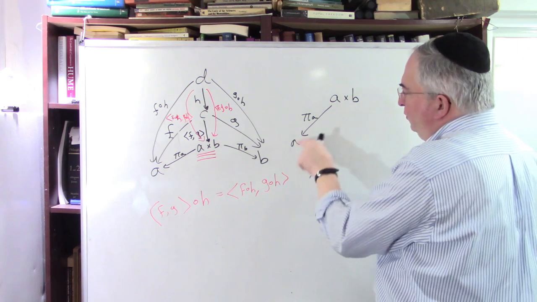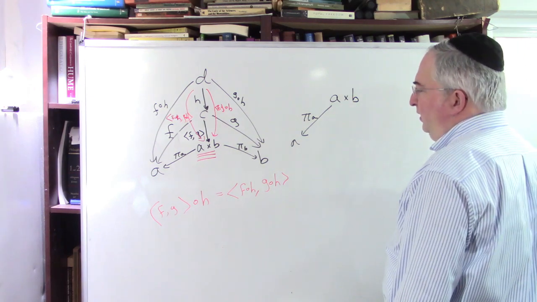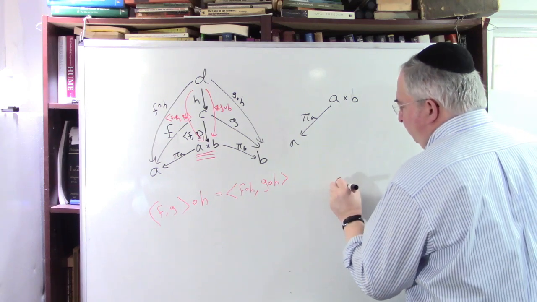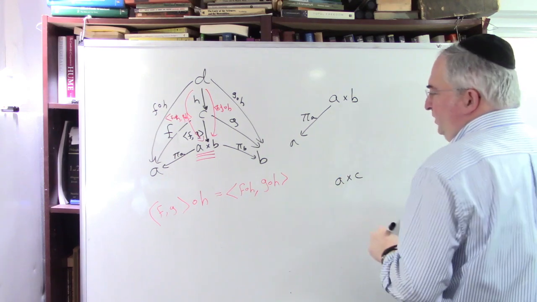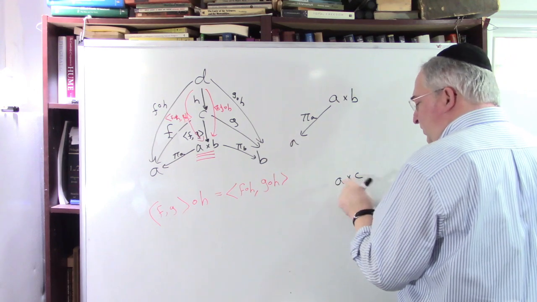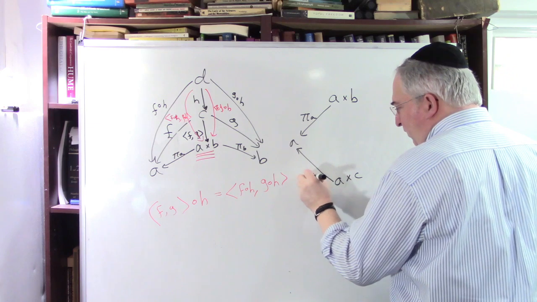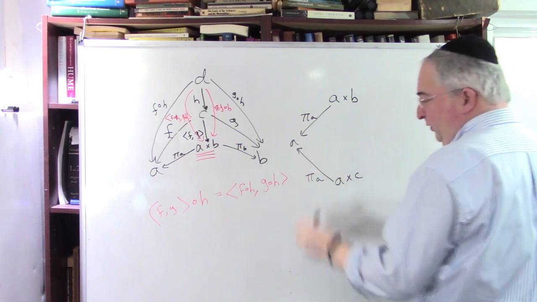That's coming from A cross B, and that's going to A. Now, let's say I had another object, A cross C, and A and C. And there's also a projection map here. What should we call this projection map? Also A.